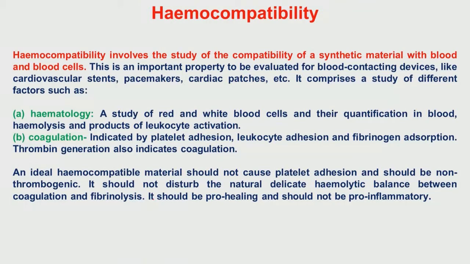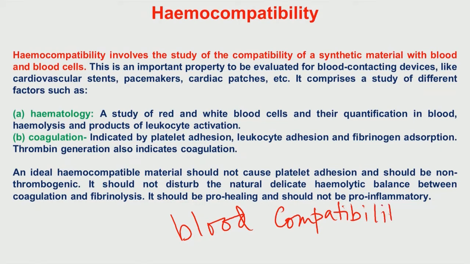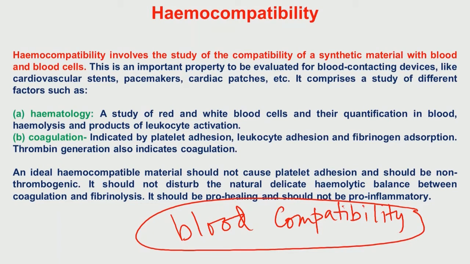Now, let me discuss in a little bit more detail another important thing, which is blood compatibility. It has been mentioned earlier, but let me spend some more time to explain that property. Why am I emphasizing blood compatibility so much?